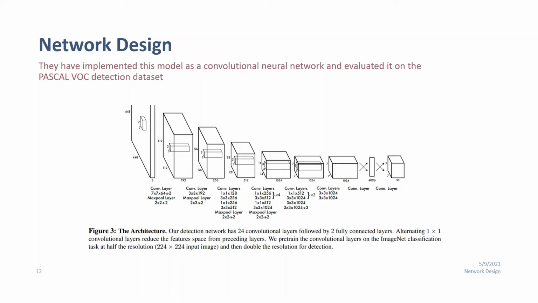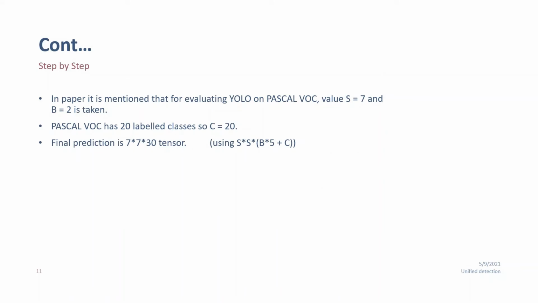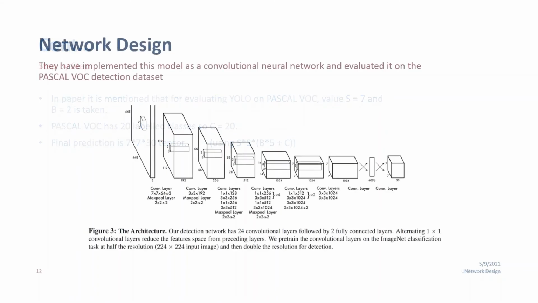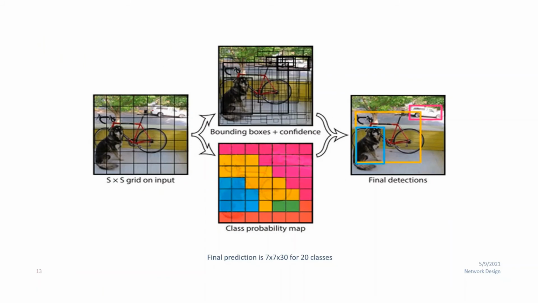As we have divided our image into 7 cross 7, we have 49 grid cells, and in the output you can observe that there are 49 vectors of dimension 30. So for each grid cell we are predicting a vector. The vector is of dimension 30 because we are predicting 2 bounding boxes per grid cell, as we have seen earlier. I hope this clarifies how the dimension of the output vector came. Now let's move forward.